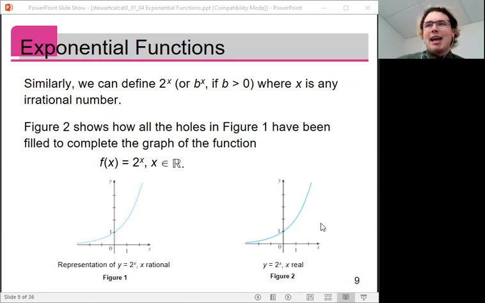I can calculate 2 to any rational power. And as r gets close to the value of square root of 3, I can make that rational number as close as I want. Well, then my 2 to the power r will get close to some limit. And that is what defines this exponential function. So I can just fill in that curve via limits.